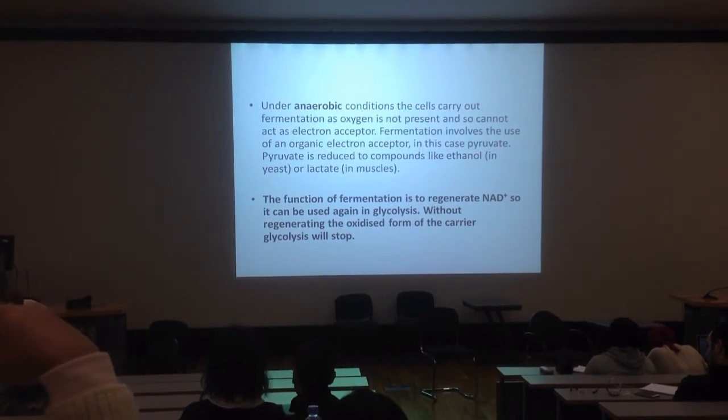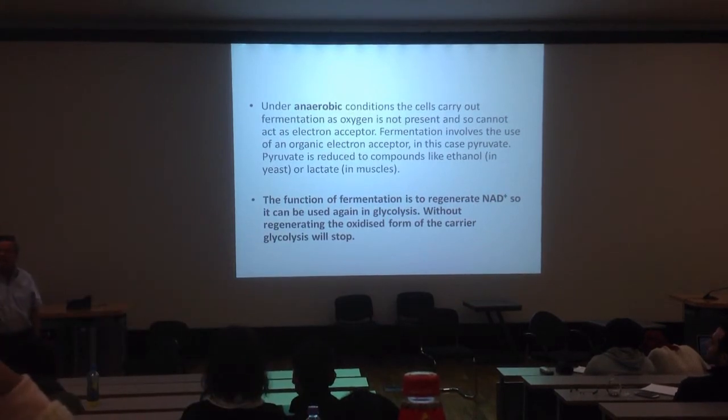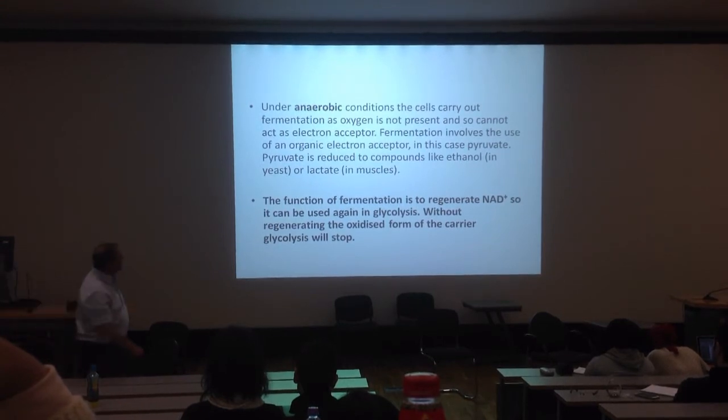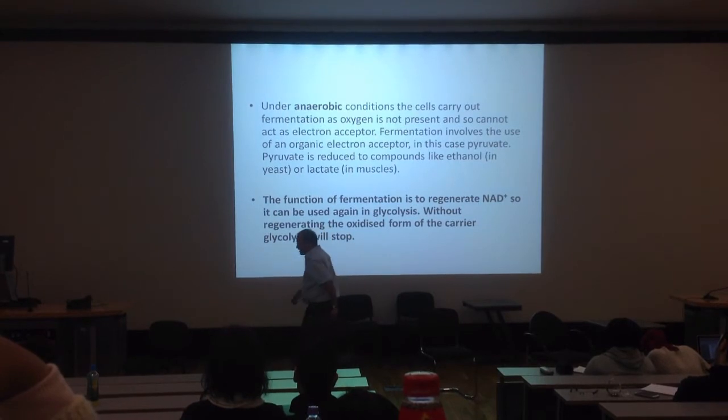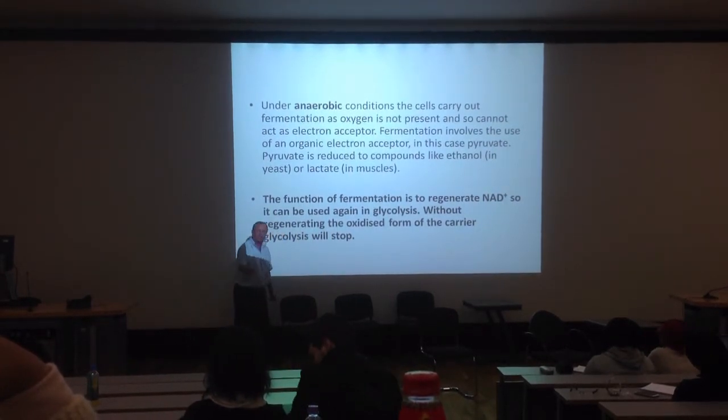We remember before, glycolysis generated NADH. And we said that glycolysis needs NAD, the oxidized form, to continue. So fermentation involves the use of an organic electron acceptor, in this case pyruvate. So there's our pyruvate again. We're now talking about no oxygen, right?